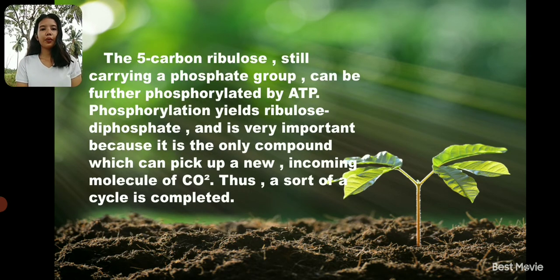The 5-carbon ribulose, still carrying a phosphate group, can be further phosphorylated by ATP. Phosphorylation yields ribulose diphosphate and is very important because it is the only compound which can pick up a new incoming molecule of carbon dioxide. Thus, a sort of cycle is completed.